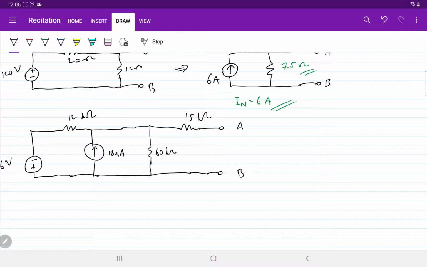Okay, so we have this circuit right here, and the question is as follows. Suppose that we have a voltmeter, and this voltmeter will be connected to this AB terminal.